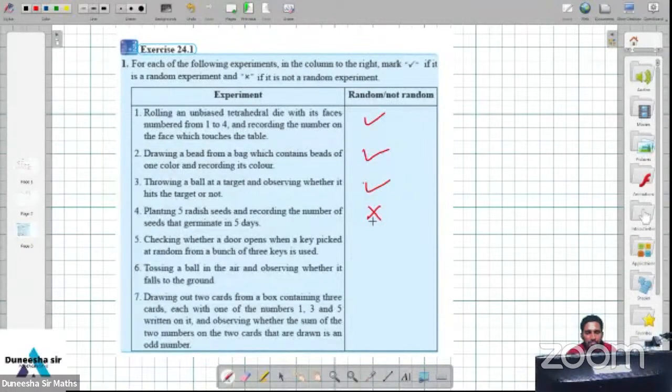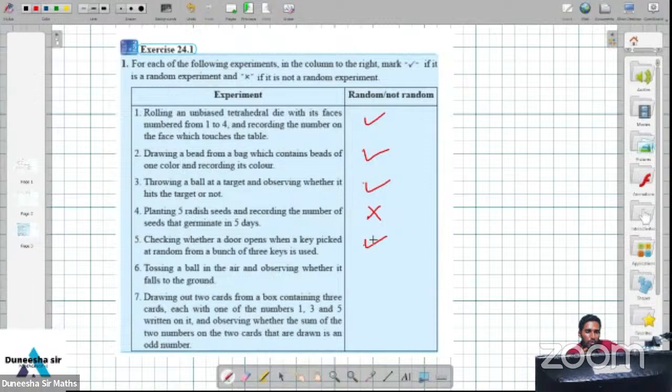Is it random? When it says random, it is random. Yes, it's random. Okay, that answer is correct.